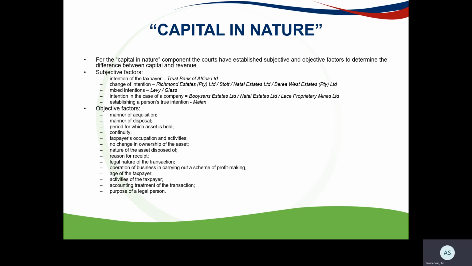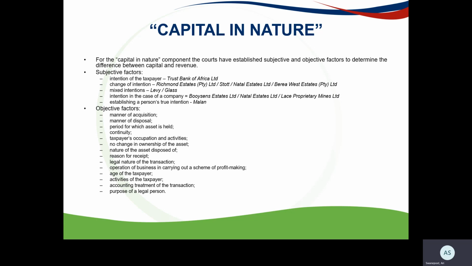Manner of acquisition, the manner of disposal, the period for which the asset was held, continuity, that is how often did the taxpayer deal in these types of transactions, but that's also not a deciding factor.